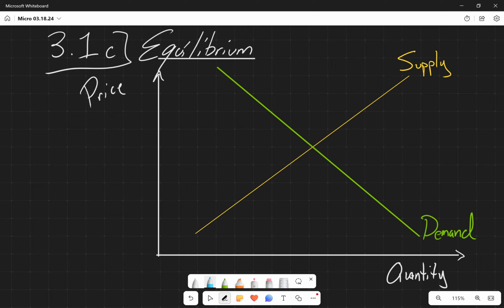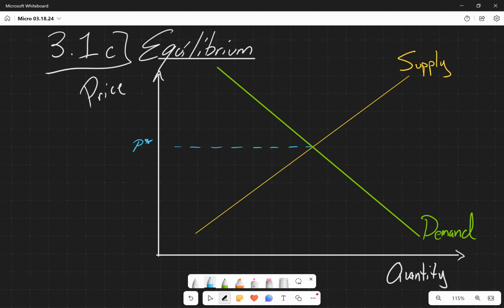So now we do the brilliant and inevitable thing of overlaying the supply graph from 3.1b onto the demand graph of 3.1a to get 3.1c, equilibrium. Equilibrium is where x marks the spot. It is the price that comes from that intersection. We label it P star.